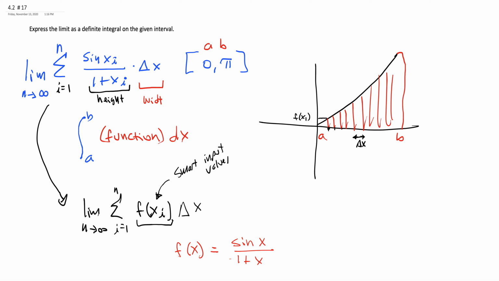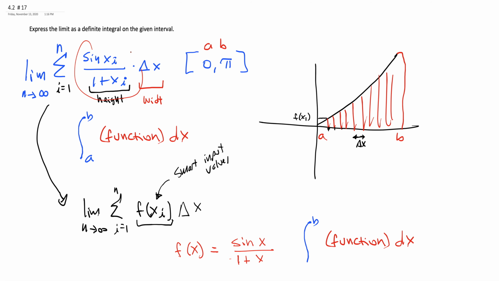And the definite integral, so the area under the curve of this function from here to here, is basically written like this. I'll copy this part over again and put it over here. And then I'll finish writing down this part, 1 plus x.